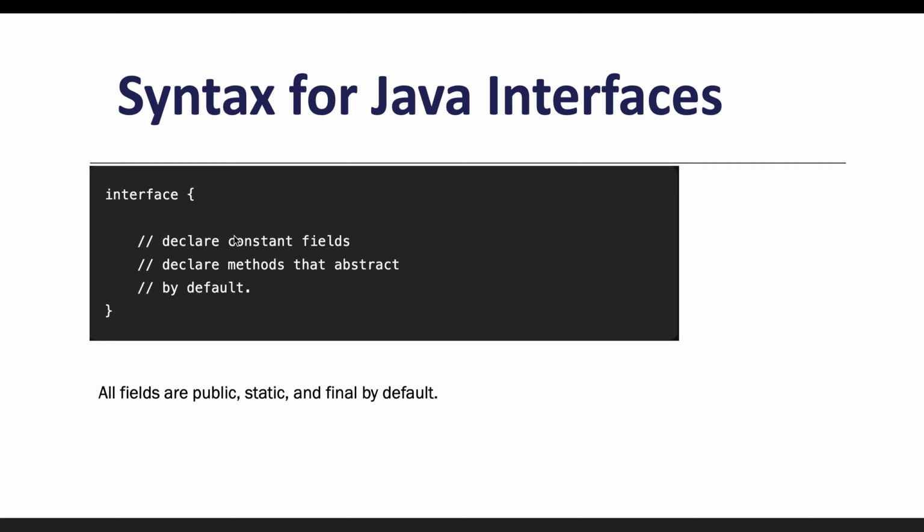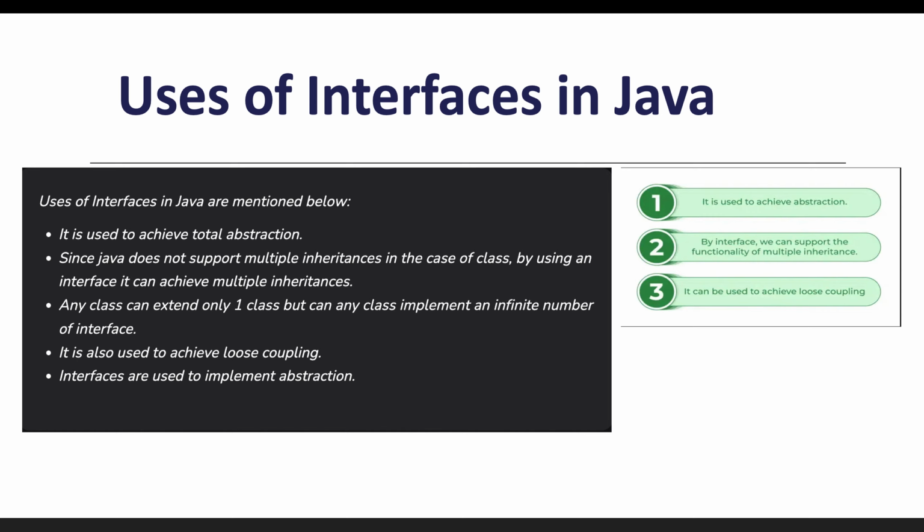Whatever fields you define, you can define only constant fields. If you are not applying public, static and final, by default Java is going to put these three modifiers before that variable. Okay, we will see.